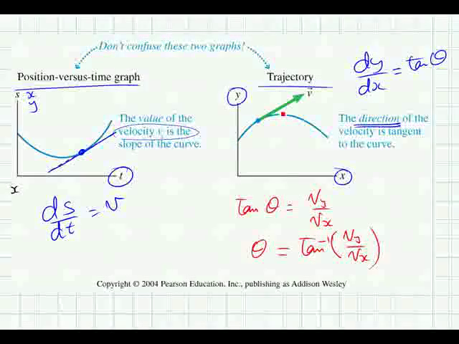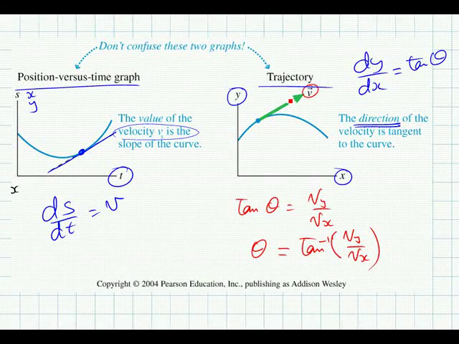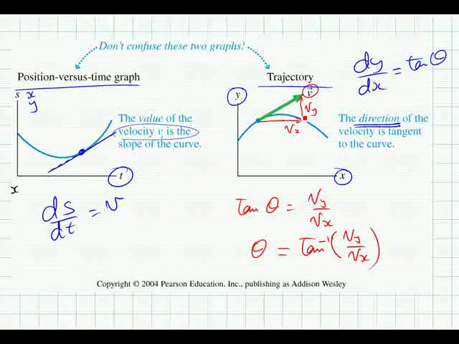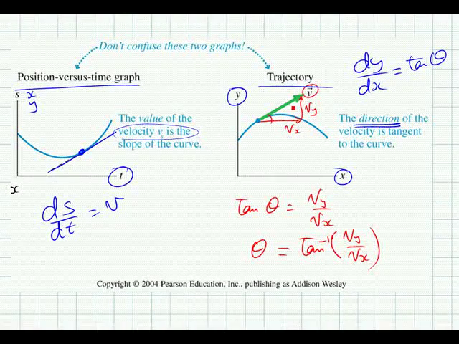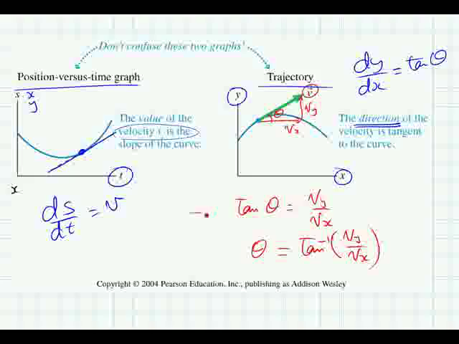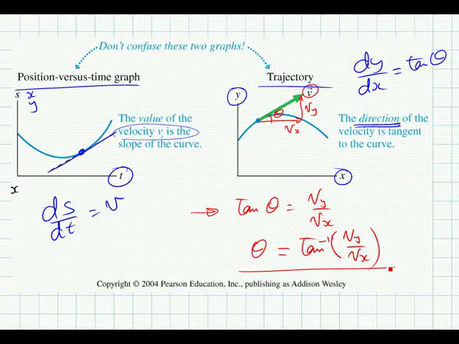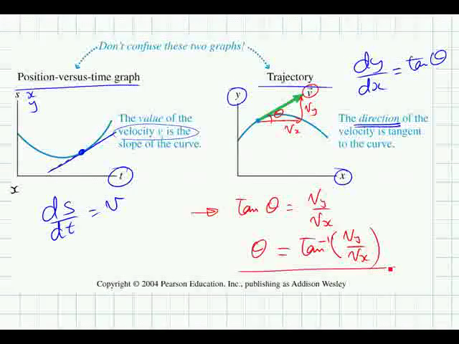Now this velocity vector that we have shown here can be decomposed into Vx and Vy components, of course, and the direction of the velocity vector v with respect to the x-axis is this angle theta. As you can see, tan theta is Vy over Vx, or theta is the inverse tangent of Vy over Vx.